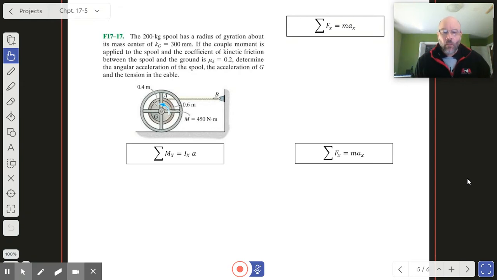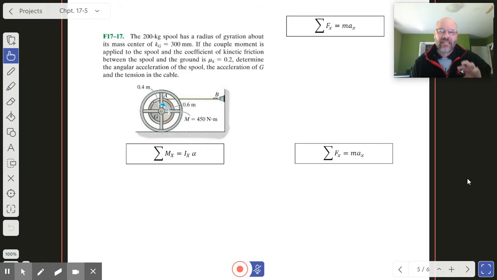And then there's a moment of 450 on this thing. Now, you can kind of see in your mind's eye that as this thing starts to turn, it's going to end up moving toward the wall on the right.